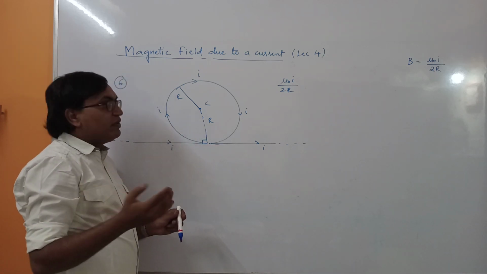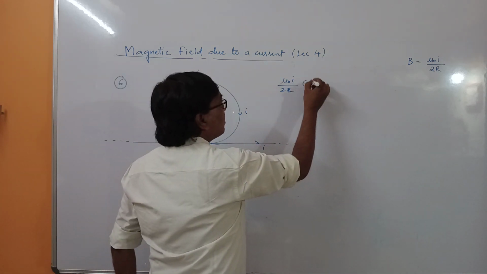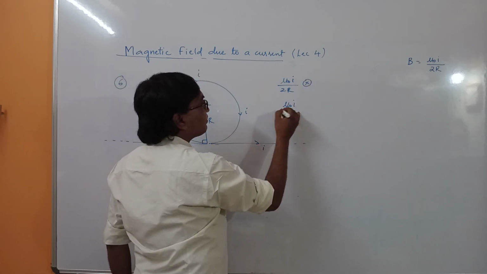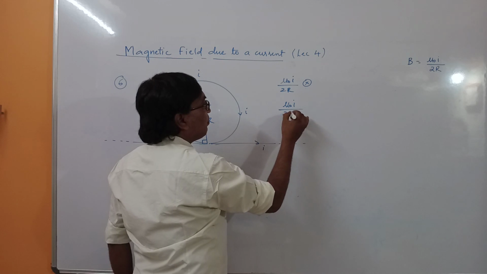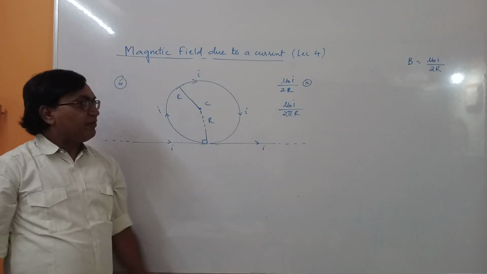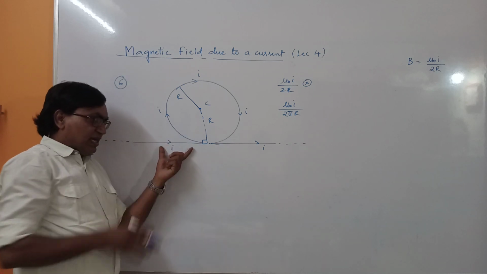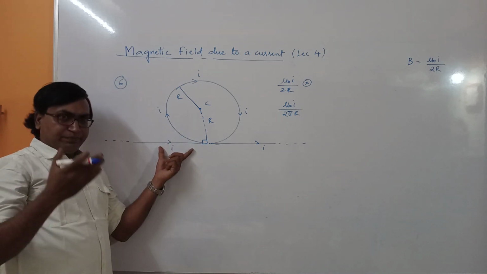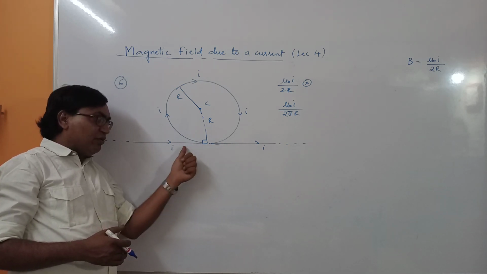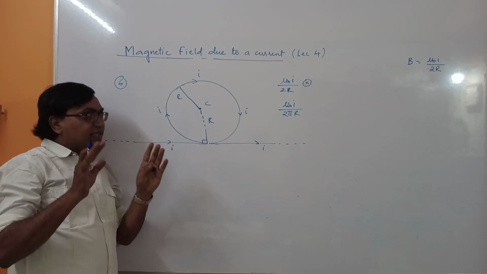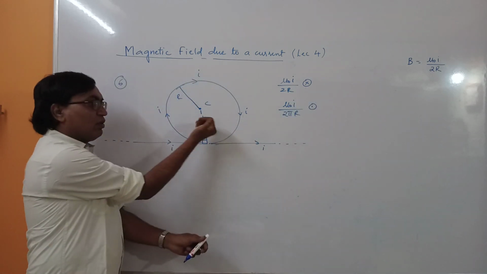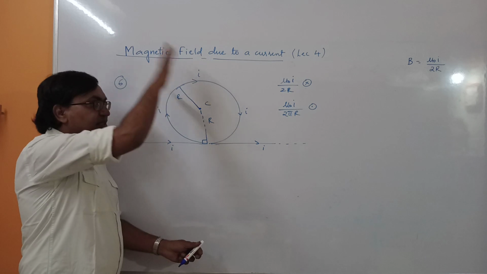So outside the board we will take positive. It will be mu naught I by 2 pi d for the total infinite wire, or you can take each as half: mu naught I by 4 pi r plus mu naught I by 4 pi r, because the magnetic field due to both these wires is in the same direction. So this is outside the board, and this is inside the board.